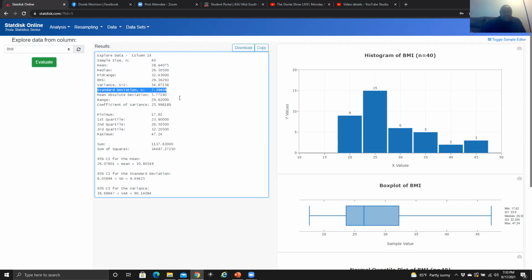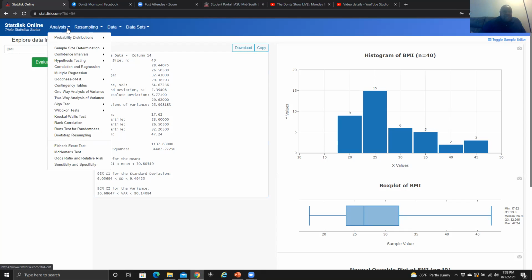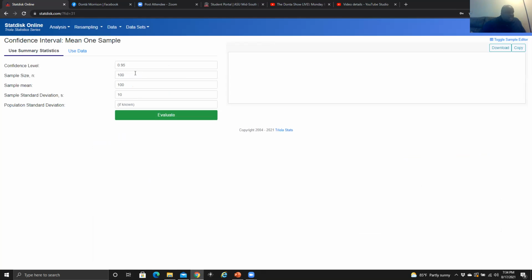Okay, so now let's use that to do our analysis and construct the confidence interval. Let's go to analysis first, and then go to confidence intervals. Click on that. We're dealing with a mean, one sample. The confidence level is still 99%, just like the other example, so we'll change this to 0.99 as I have done here.